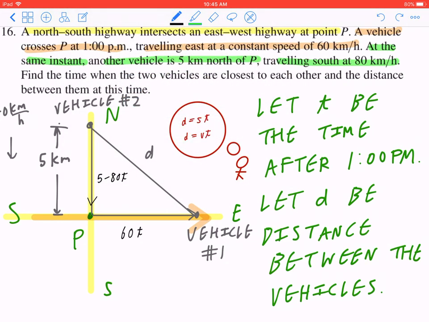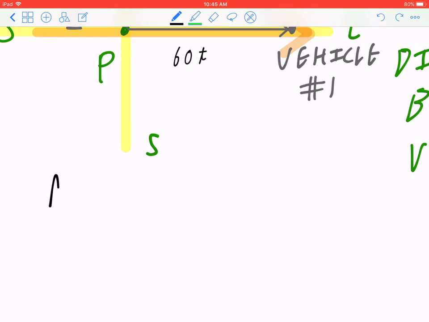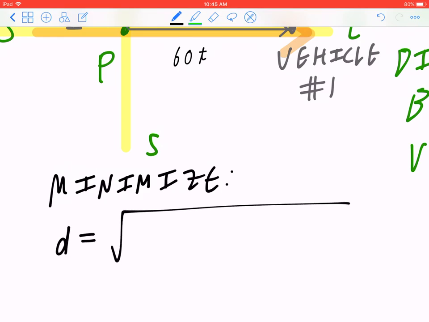There are two things you're looking for. Find the time and the distance when the two vehicles are the closest. So you have to minimize the distance between the two vehicles.